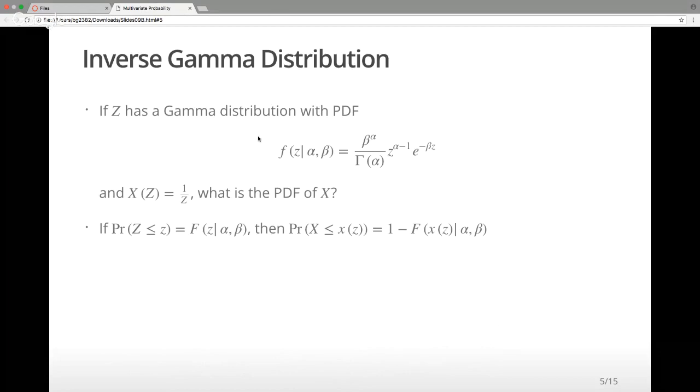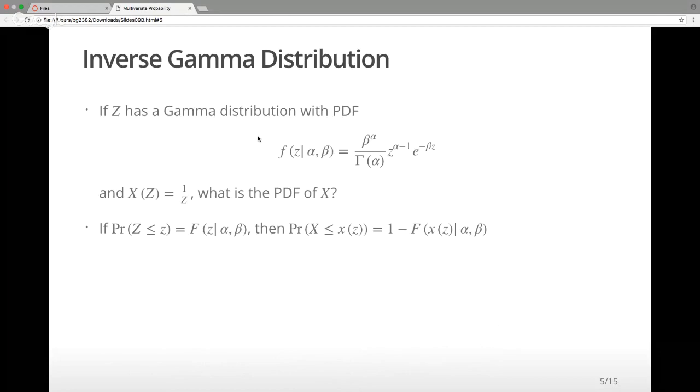Consequently, the probability that the random variable x is less than or equal to some value little x is a function of z. Before, we were considering the case of increasing transformations like e or log or something like that. In this case, we have a monotonically decreasing transformation.